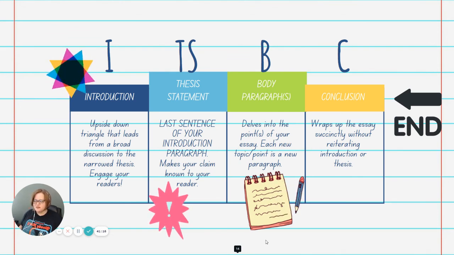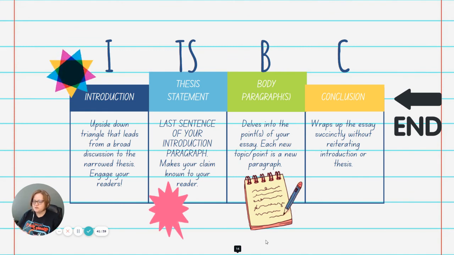That changes it. Your body paragraphs are going to delve into the points of your essay. Okay? We didn't really talk about body paragraphs today, but they generally are easier to write than the other three. Every time you come up with a new point or a new topic, so talking about red, and then I talk about blue, blue is a new paragraph. Okay?